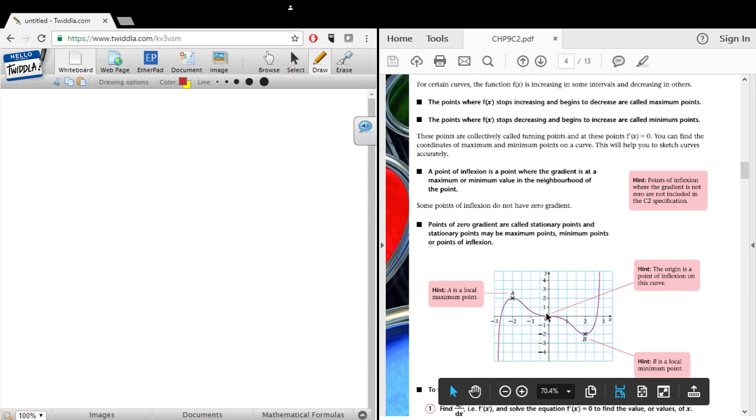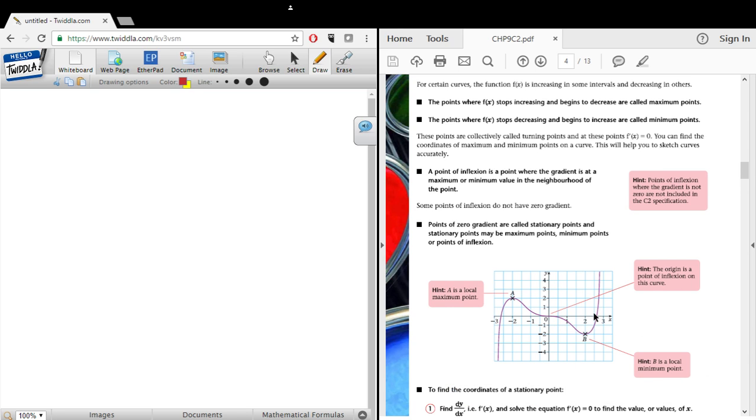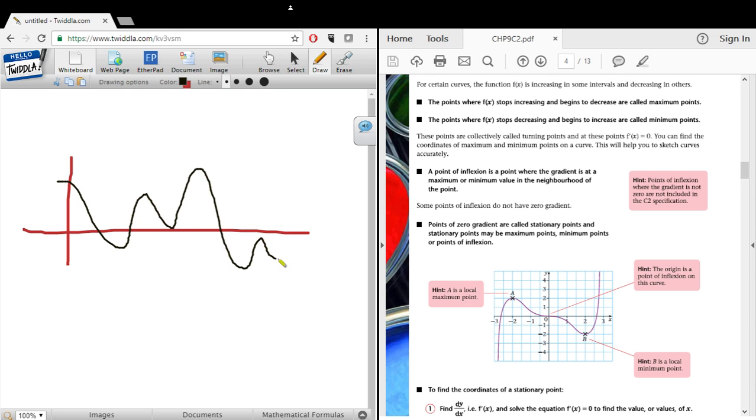You can have a number of maximum points and a number of minimum points, depending on the characteristics of the equation. Now, don't be confused by the fact that you could have a number of them.